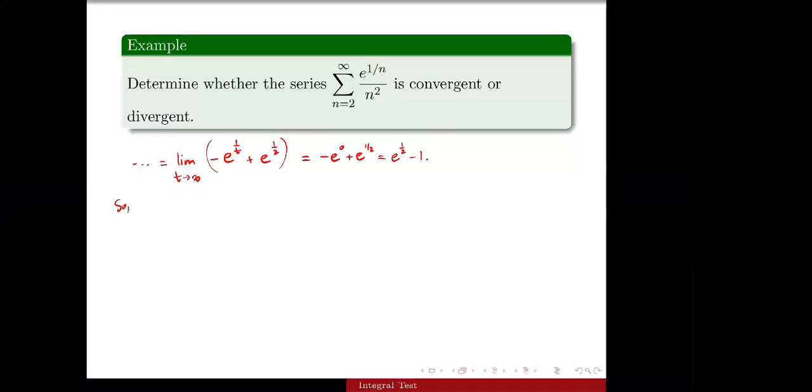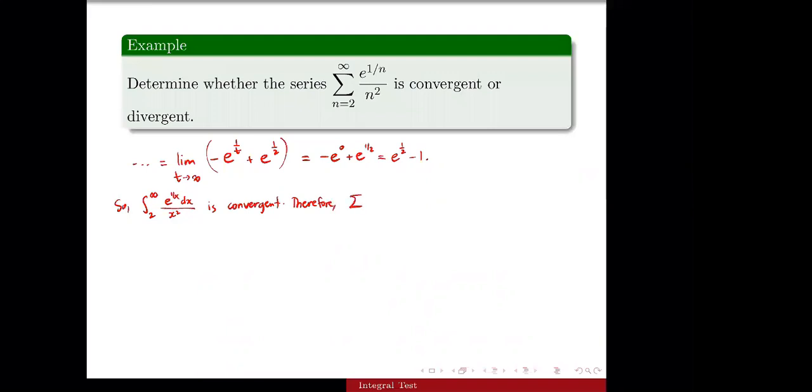So the improper integral from 2 to plus infinity of e to the 1 over x dx divided by x squared, this one is convergent. Therefore, the series is convergent.